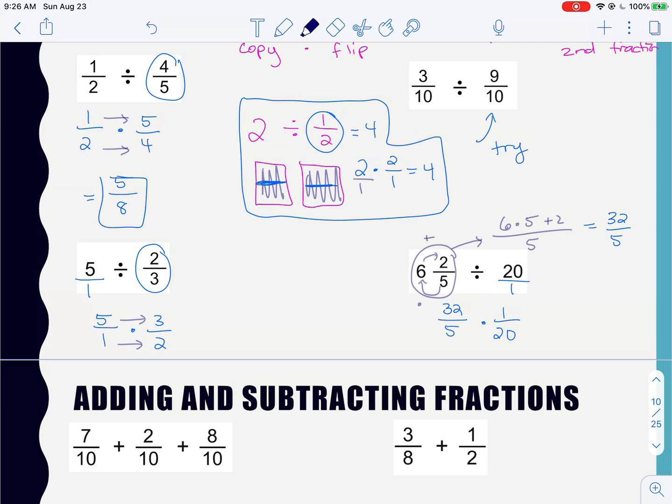So its reciprocal is going to be 1/20. This does reduce, so 32 divided by 2 is 16. 20 divided by 2 is 10. It reduces again. 16 divided by 2 is 8. 10 divided by 2 is 5. So this is going to become 8/5 times 1/5, which is going to be 8/25.